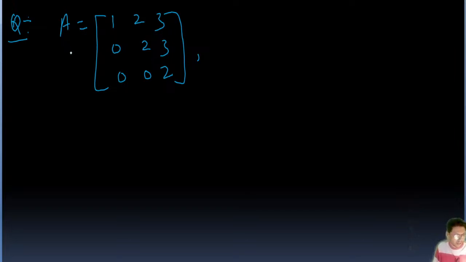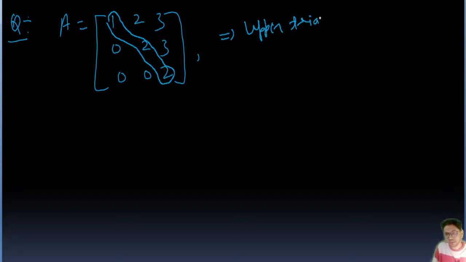We can see that it's an upper triangular matrix, because all elements below the diagonal are 0. For upper and lower triangular matrices, the eigenvalues are the principal diagonal elements.